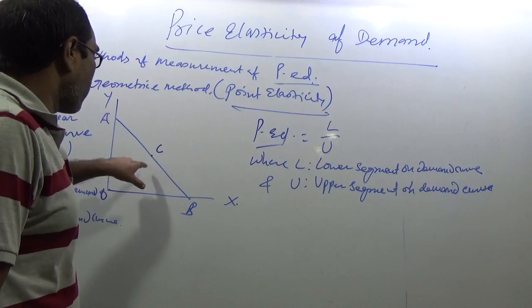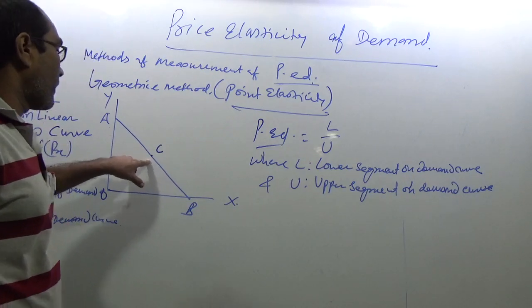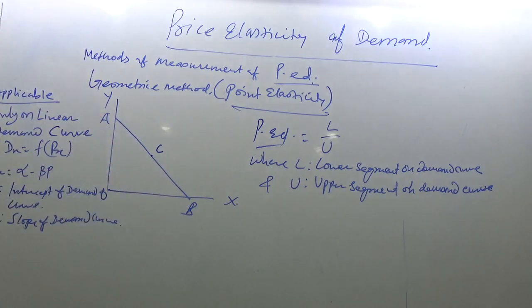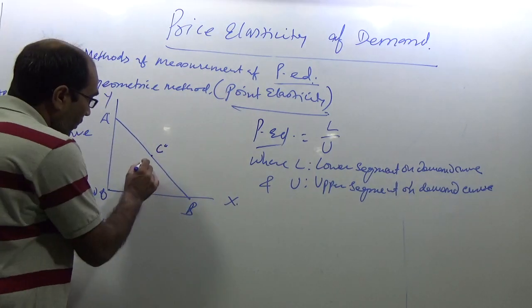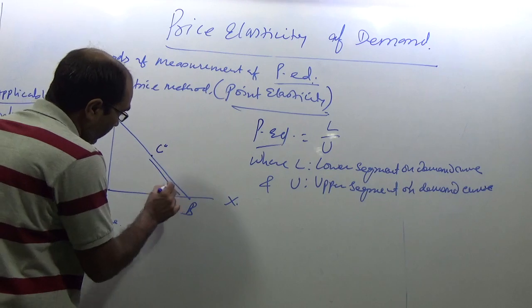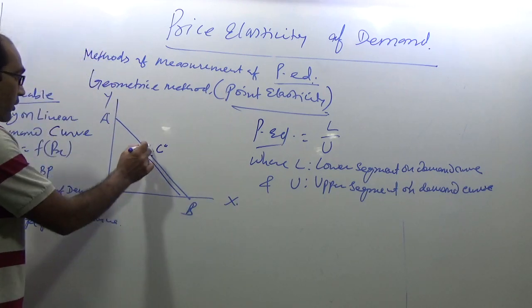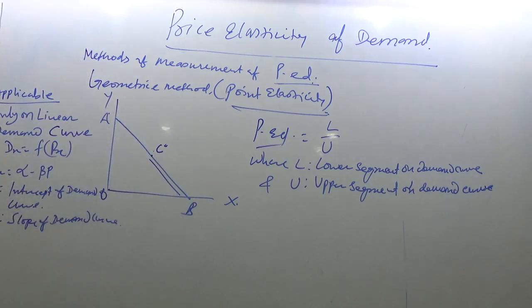Means suppose we have to calculate exactly at the point C here. Lower segment is CB and upper segment is CA.